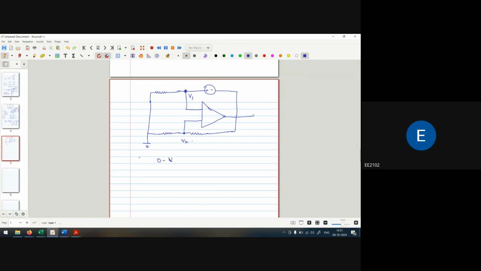So this is R1, R2 and R3. (0 minus V1) upon R1 is equal to 5 volt. V1 is 5 plus V out, right? Yes, and V1 is equal to 5 plus V out.